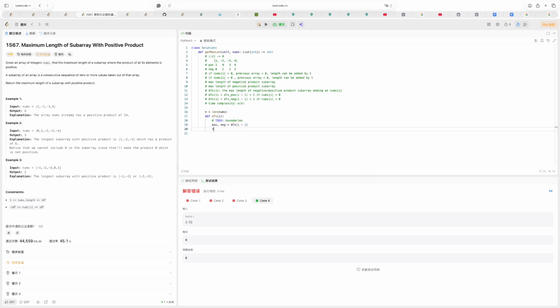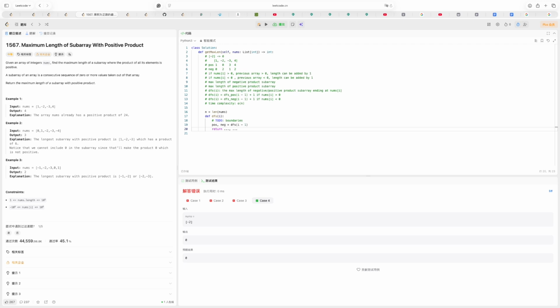And for this array, so if nums I is, okay, I think we should do, yeah, since we need to return both of the thing, like this will be positive and this will be negative stuff.